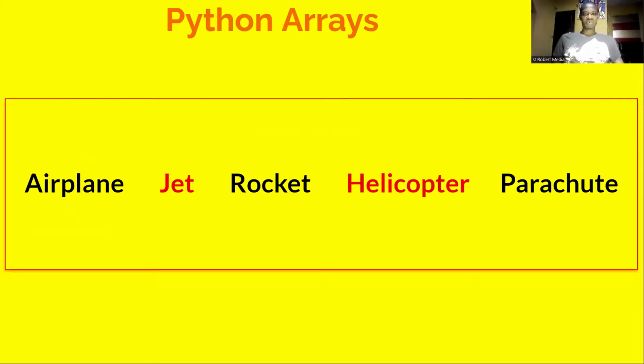Let's run basic reminders of what we've already known from the Python list video. We looked at an example where we had a list of crafts that fly in the sky, and we looked at the indexing and how they are numbered.